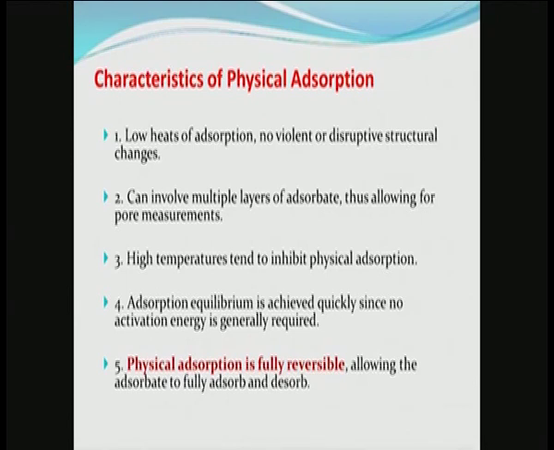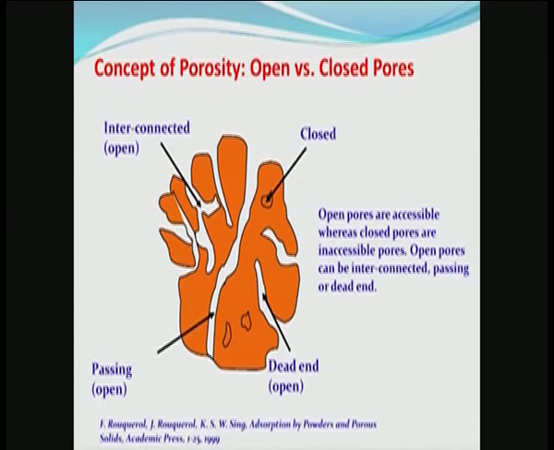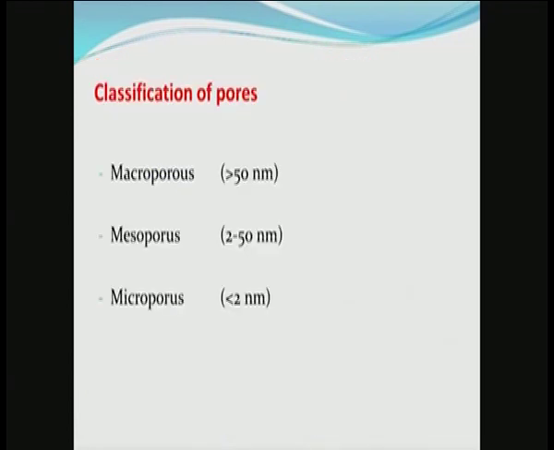And if you consider a pore, let us go back to that figure. If you consider a pore over here, then the pore size may be such that it would take many layers of the molecules of the gas that is adsorbed in order to fill the pores. So, we are talking about being able to measure the pore sizes if these pores are full, and therefore, multi-layered adsorption is possible.